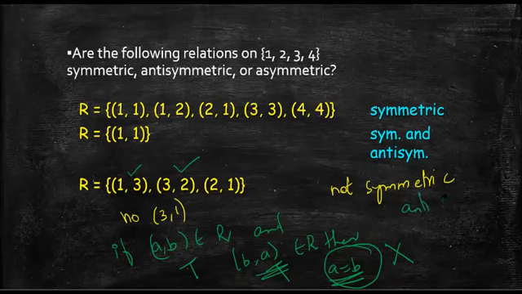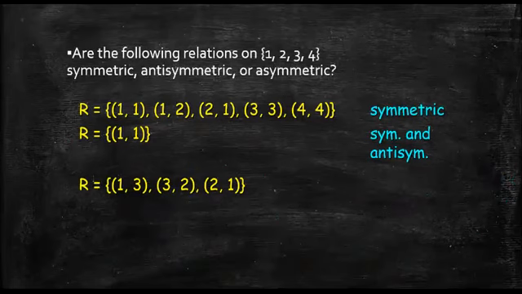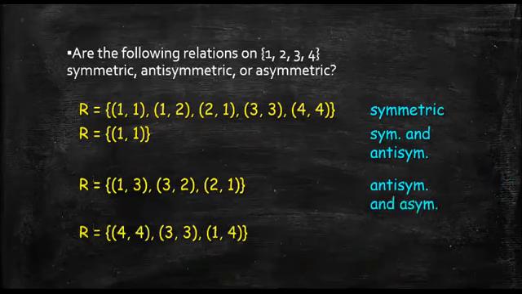The relation R is antisymmetric. What about asymmetric? Since it is not symmetric, it is obviously asymmetric. Next, let's see the next relation.